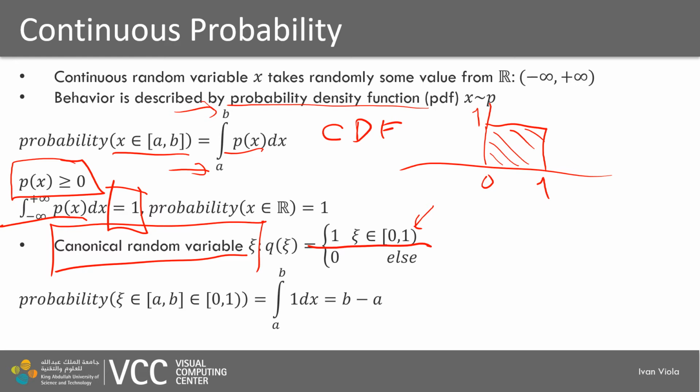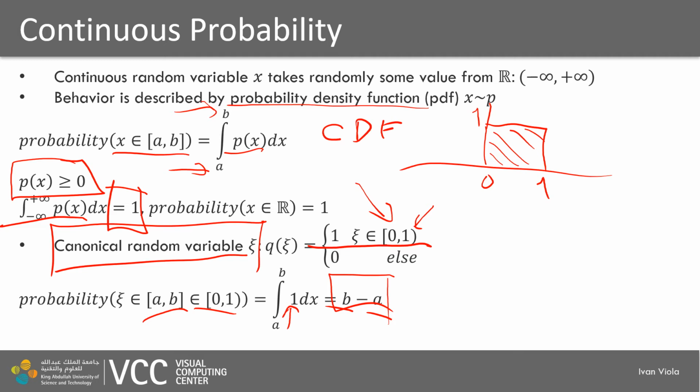And the probability that this canonical random variable comes from a certain interval AB, which is a subset of 0, 1, is simply B minus A. Because we are integrating, and its probability is 1 over the entire range 0, 1, the integral is simply the difference between B and A. So, for example, the probability that our random variable will be picked from between 0.2 and 0.6 will be 0.4, which is just the difference.